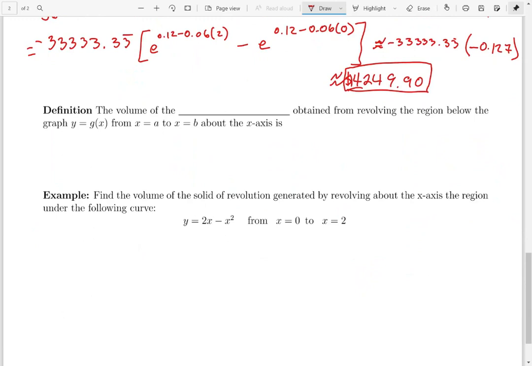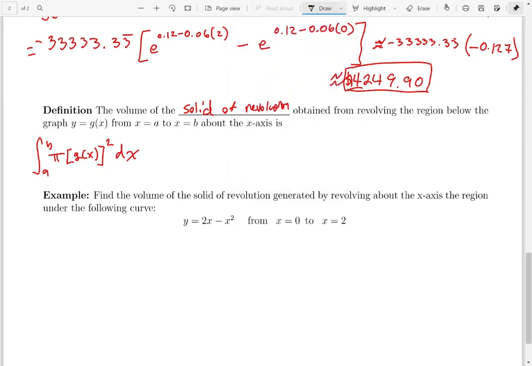And lastly, the volume of the solid of revolution obtained from revolving the region below the graph from A to B about the x-axis is going to be given by the integral from A to B of pi times our function g of x quantity squared dx.